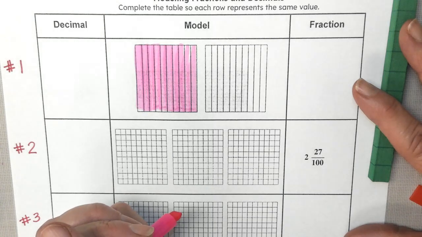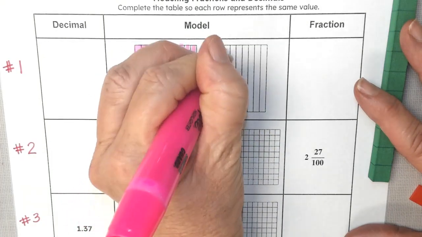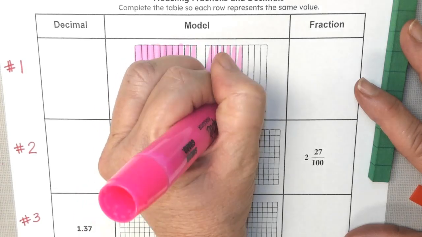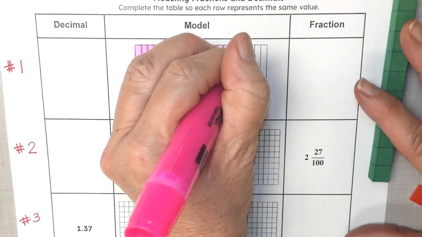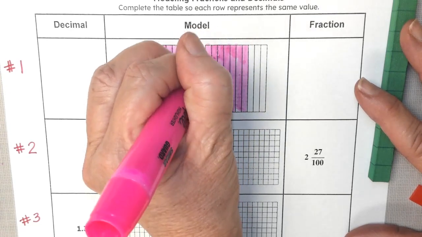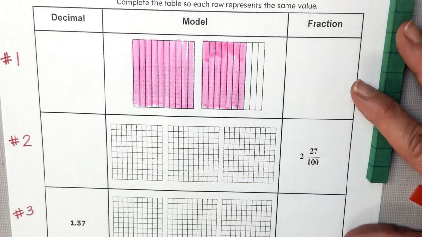So there's your 1 hole. 1, 2, 3, 4, 5, 6, 7.